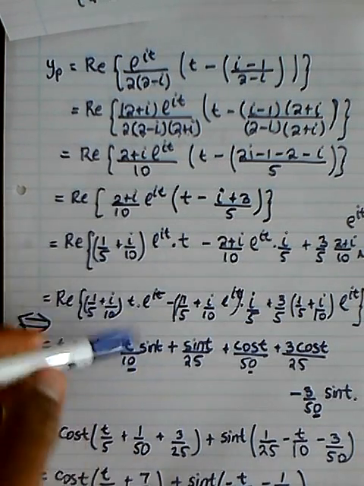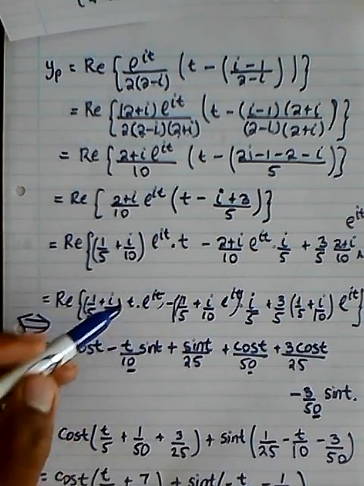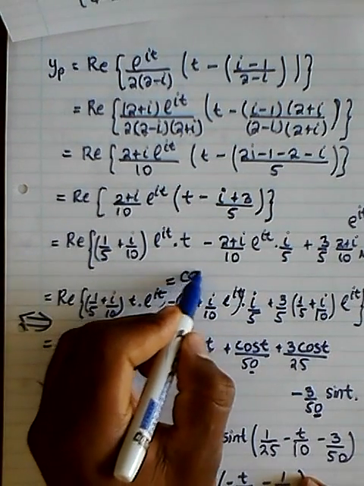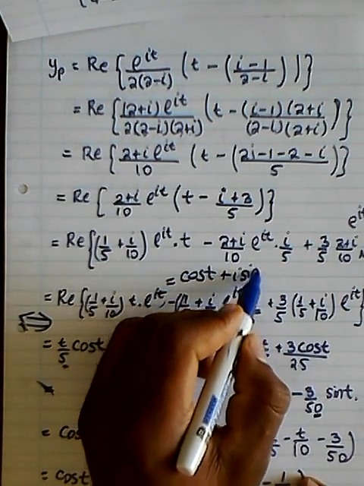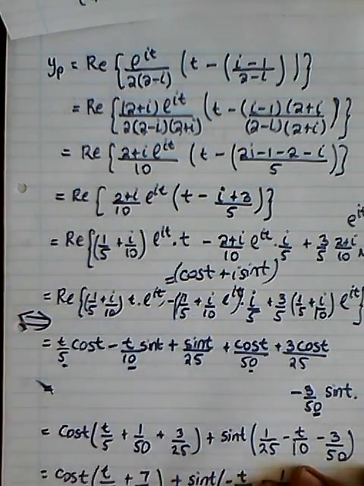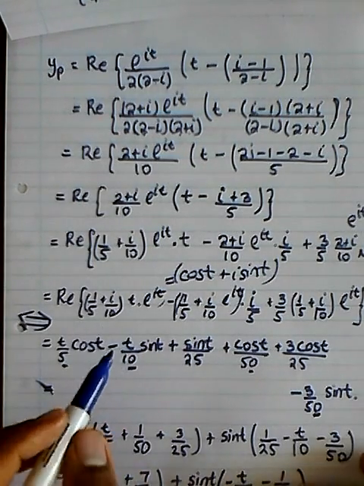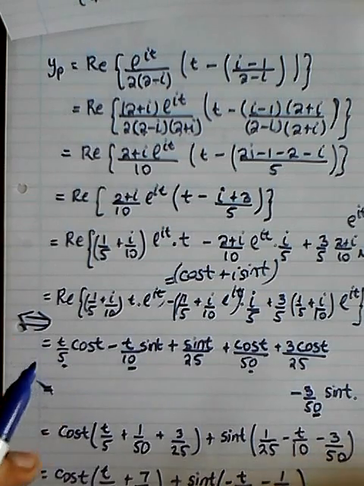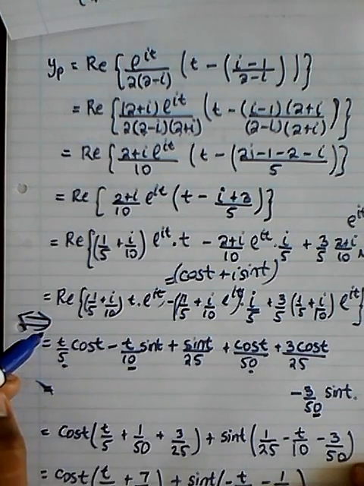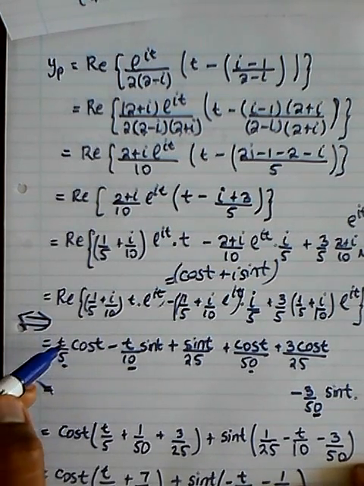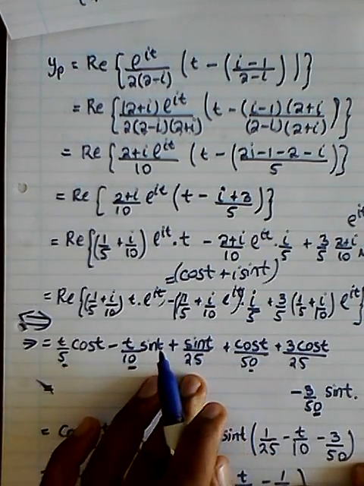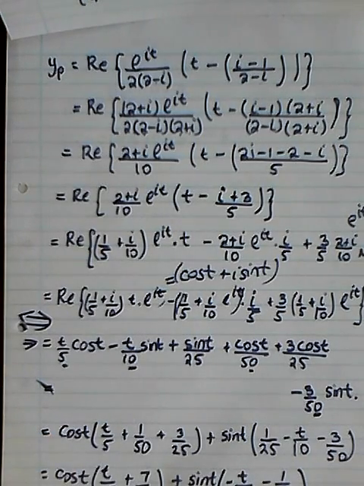You're just going to write e to the it as being equal to cos of t plus i sine of t, and then from there you multiply out, and after multiplying out, you take all the terms which do not contain i, and those terms will represent our real part. So this is how you can do that problem.